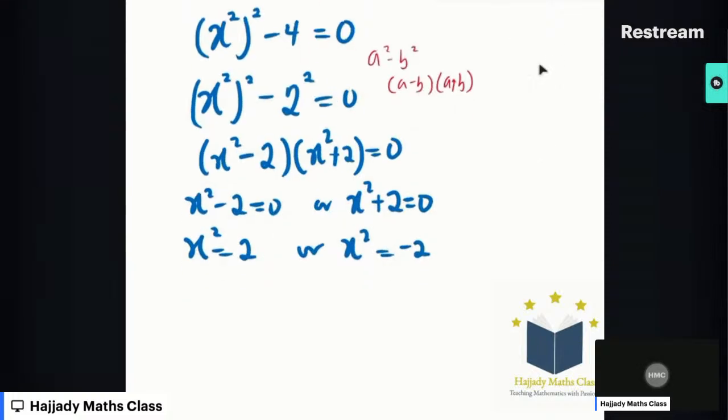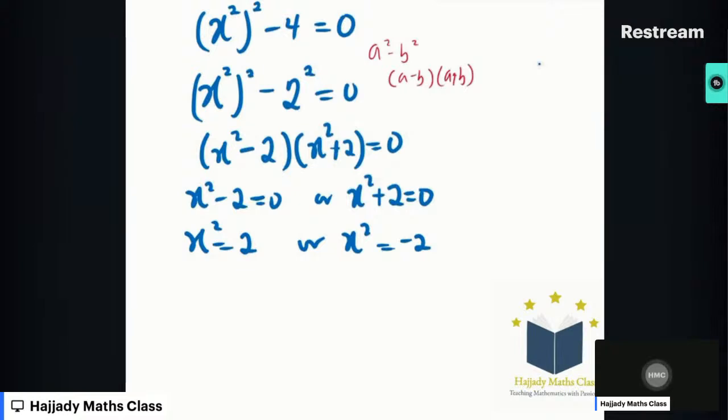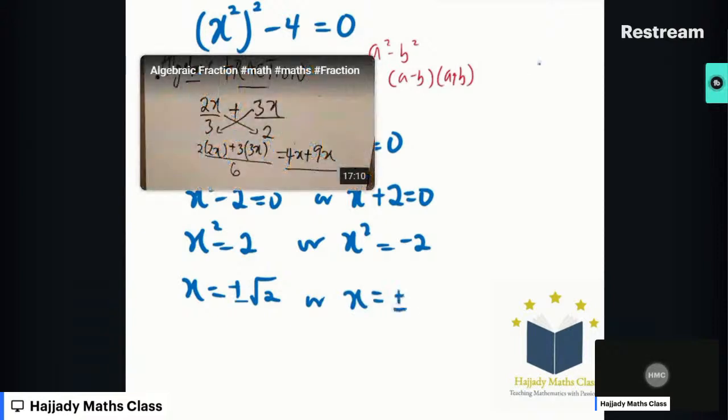So with this, I'm going to have that my x is plus or minus root 2, or my x is plus or minus root negative 2. So in this case, my x is going to be plus or minus root 2i.